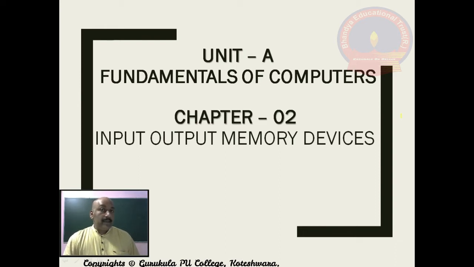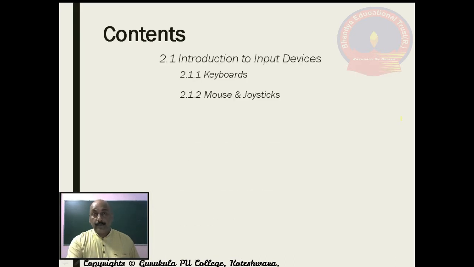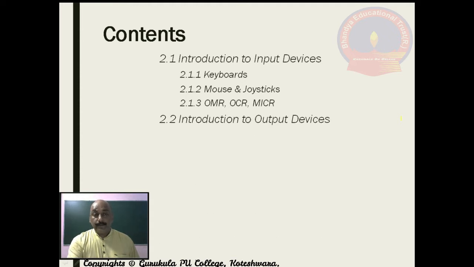So let us see in this chapter what the different input, output and memory devices are that will be used. First, I will take input devices. In that I will brief you on keyboards, mouse and joysticks, OMR, OCR, MICR.